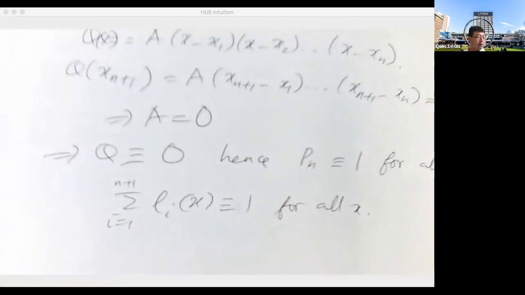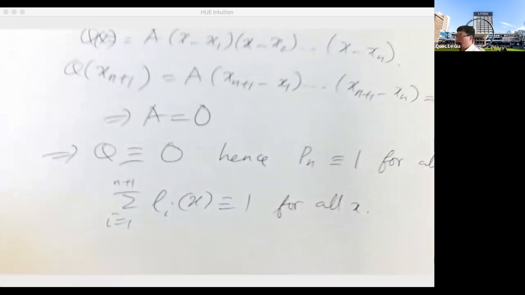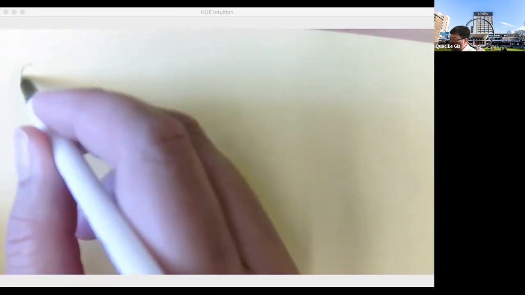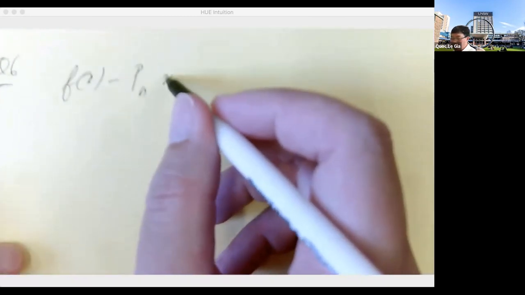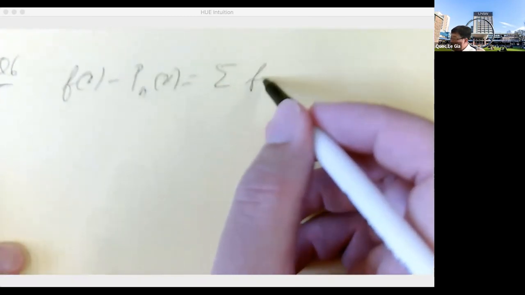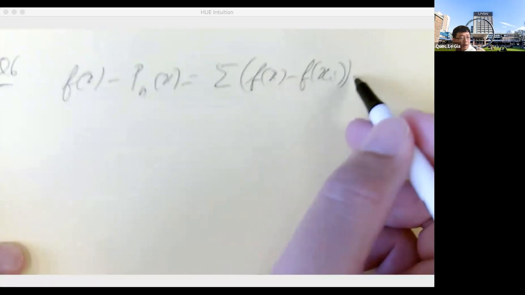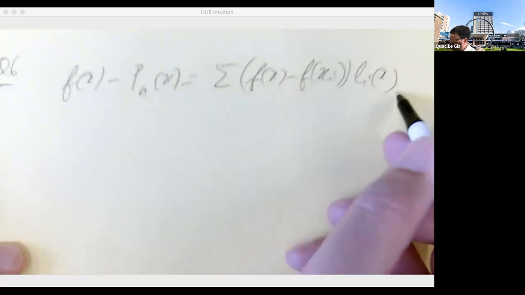So any question? And then the last question is just a consequence of this question. Question 6 is proving that f minus pn is the sum of f x minus f xi times li.